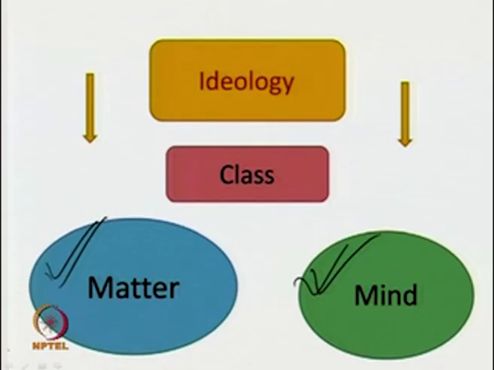Any institution of society, whether tangible or intangible, falls under the superstructure. You can put all of these into one term, and that term we would call ideology. And hence, ideology filtered through a class is both a material and a mental matter, so to speak.